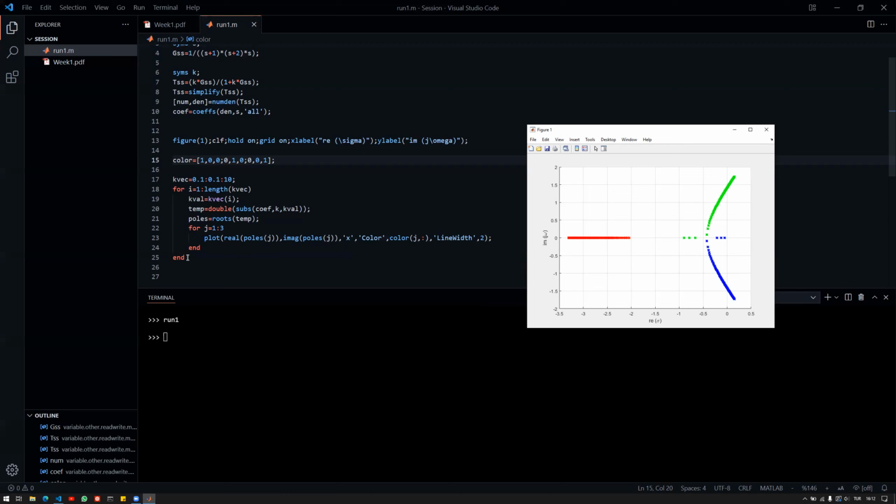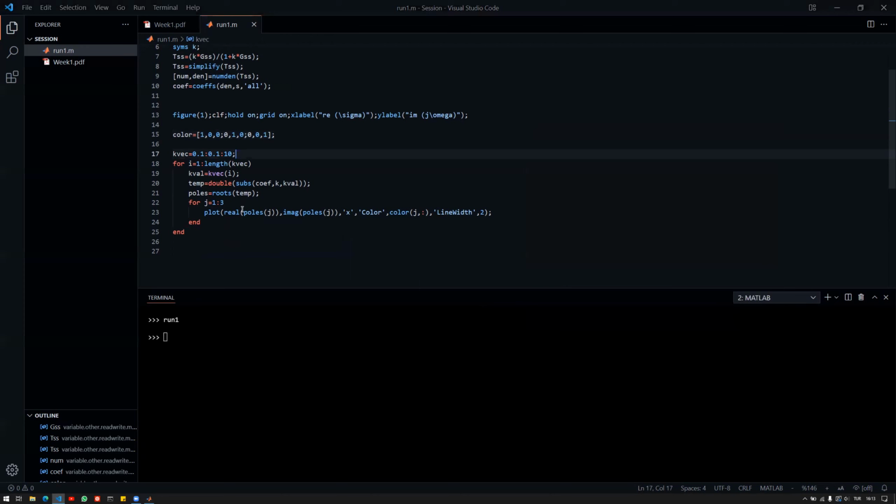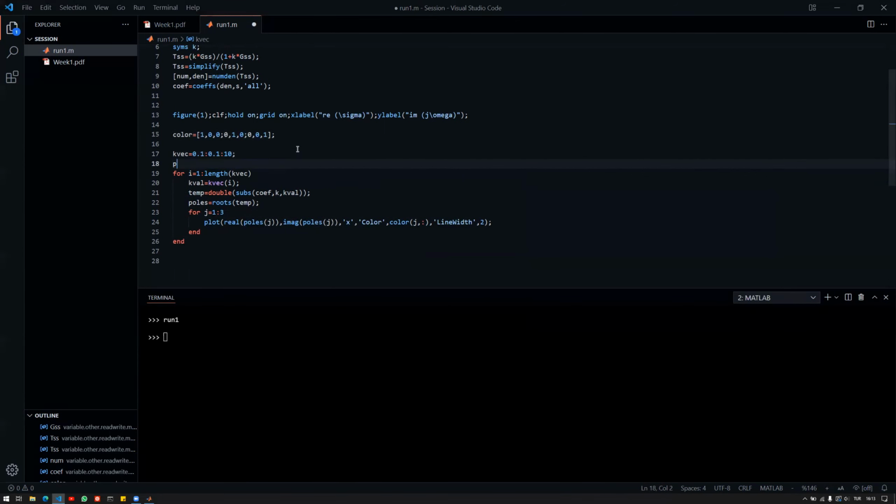Well, therefore we could do something interesting. For that, we could create a vector that will store all the poles, and then we would use that vector.